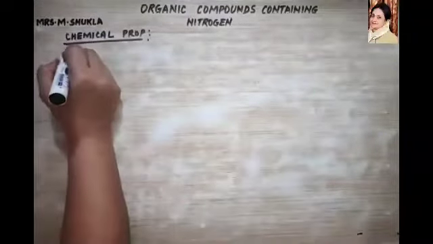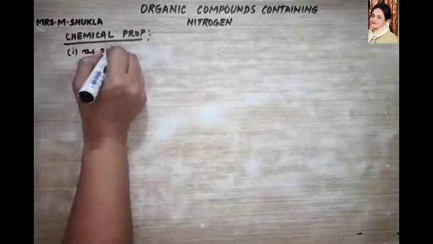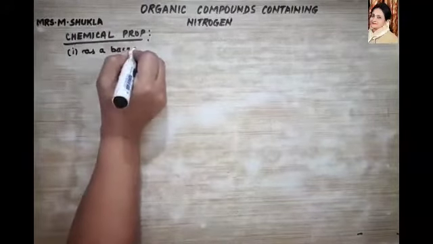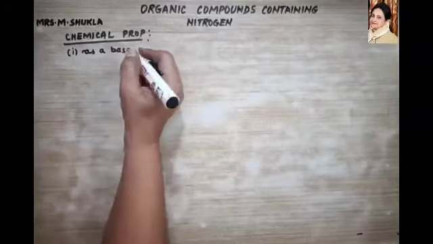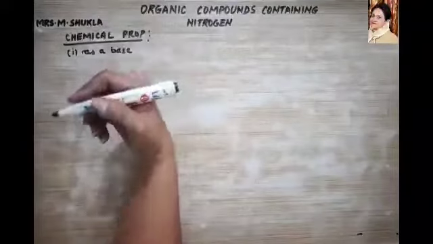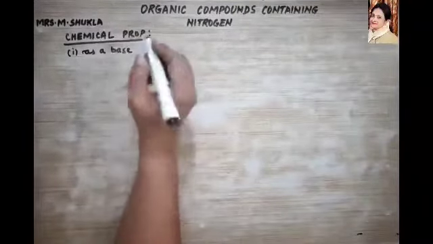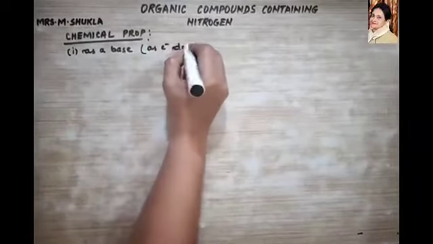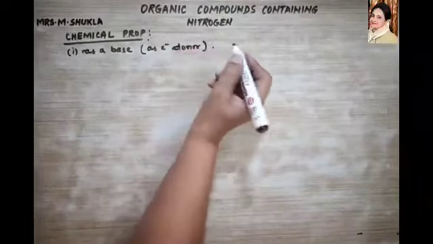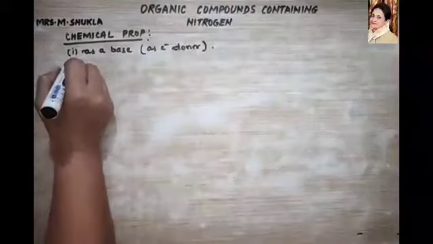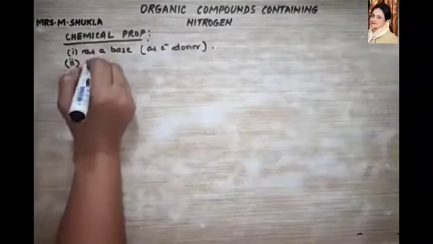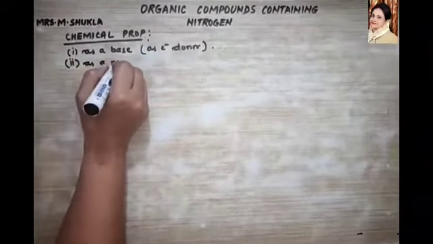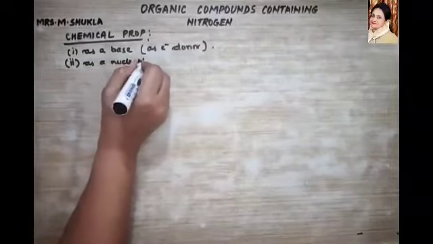Firstly, it has a lone pair. It can donate electrons and therefore it behaves in two ways. The first is as a base. Why do amines behave as basic in nature? Because they are capable of electron donation. Then they also act as a nucleophile.